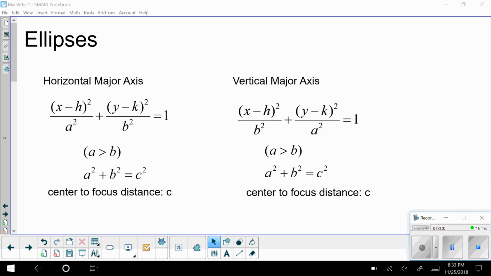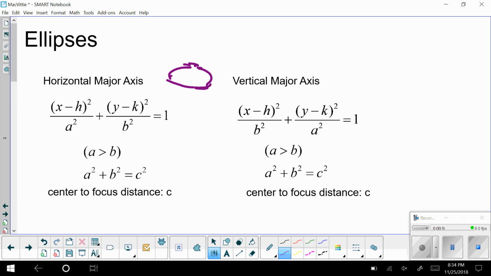So the big idea here is we have what's called a major axis and a minor axis. The major axis determines the direction of our ellipse. So a horizontal major axis means that the longer axis, what we call the major axis, is horizontal, which gives us a shape that we're a little more used to thinking of, like this.